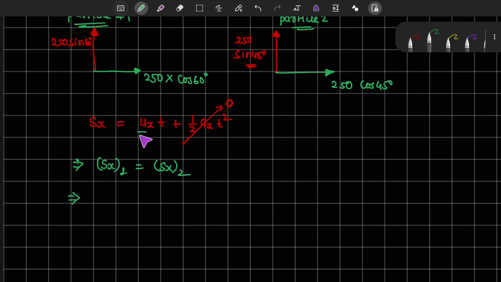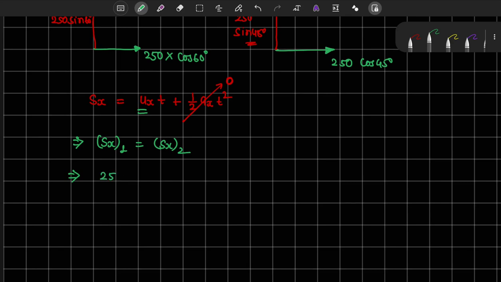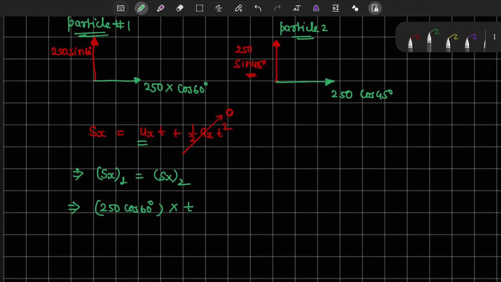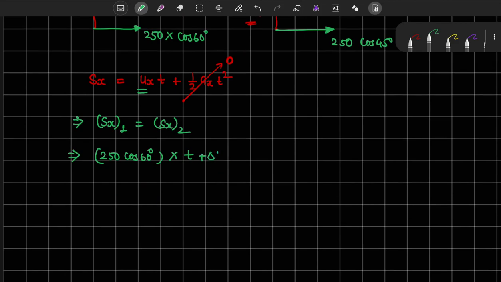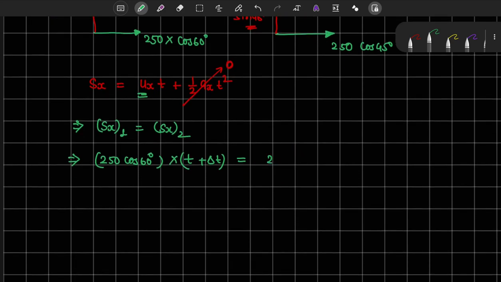Initial velocity for particle 1 is 250 cos 60 degree, into time taken, t plus delta t, is equal to the velocity for particle 2, 250 into cos of 45 degree, into t.